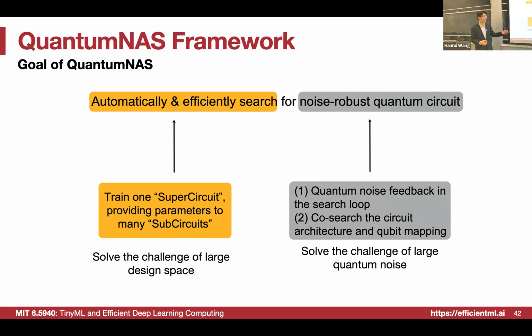But on an actual quantum device, that is not the case. After you design the program, you need to be very careful about which qubits you use, because even the same structure on different qubits will perform differently because of the different noise levels of different qubits.